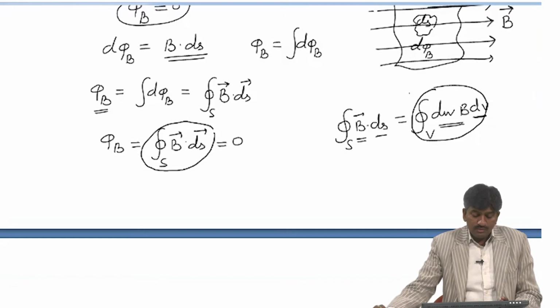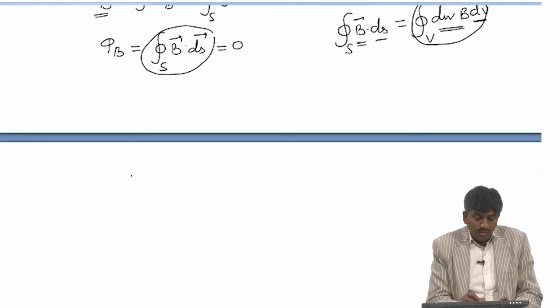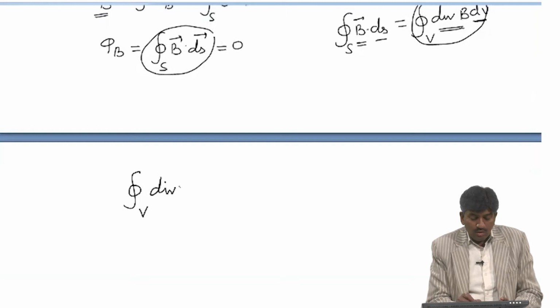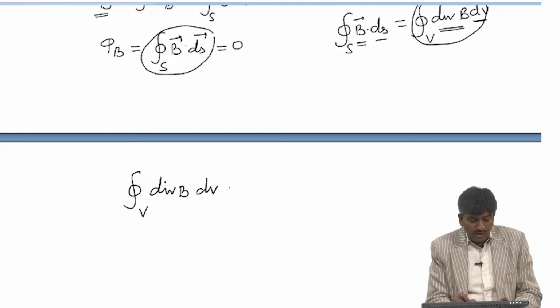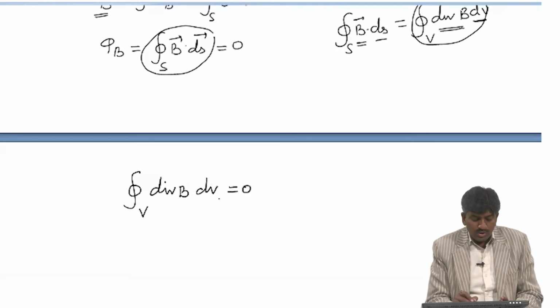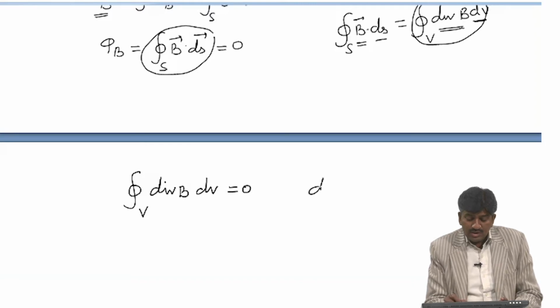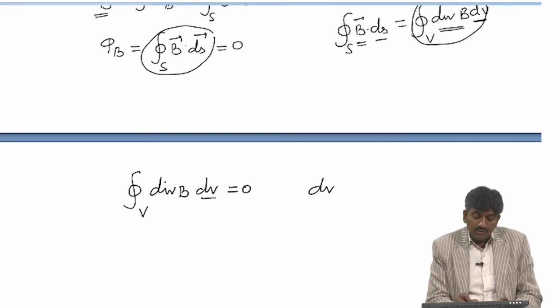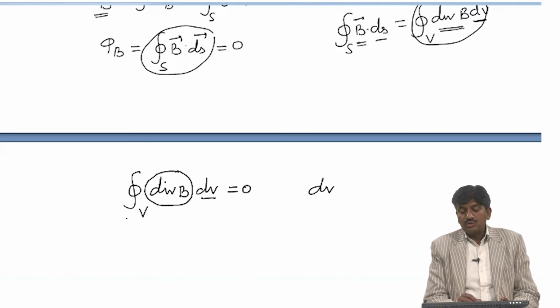So, it becomes volume integration of divergence of magnetic field is equal to 0. Or we can write, divergence volume integration of any vector will be 0 if that vector is equal to 0.